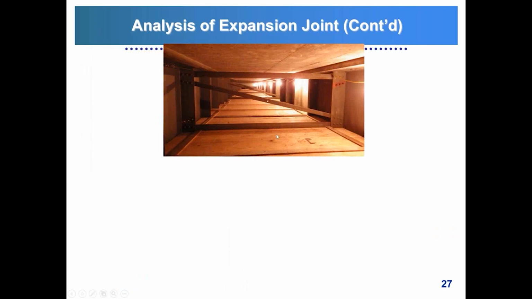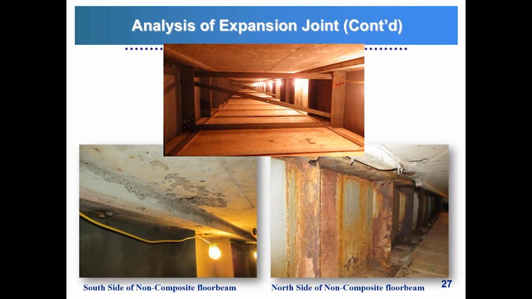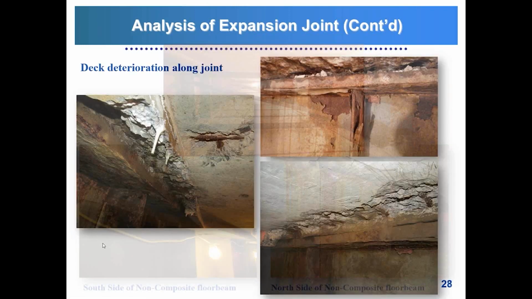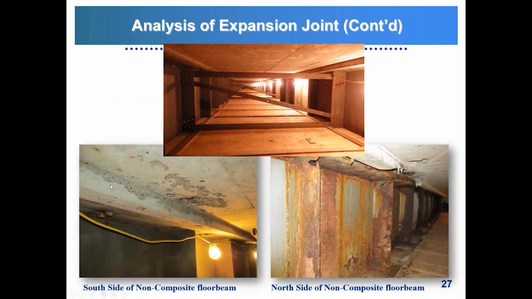This is on top of the planking that I just showed you. This will be a bay in between the two floor beams. And here we have the two sides of the non-composite floor beam. Over here is the south side, which is where the deck is firmly attached. As you can see, the deck is firmly attached to the floor beam, and the floor beam is in very good shape over here.